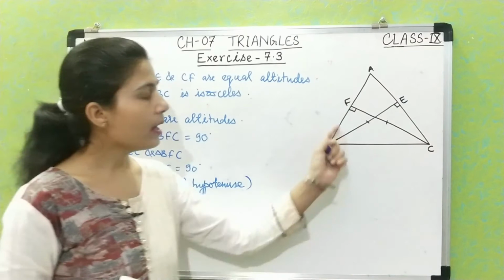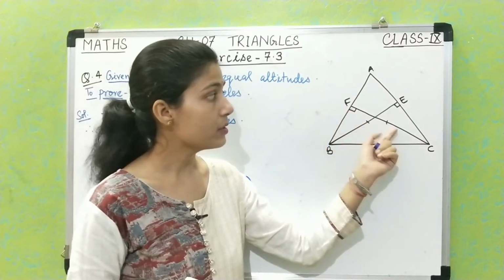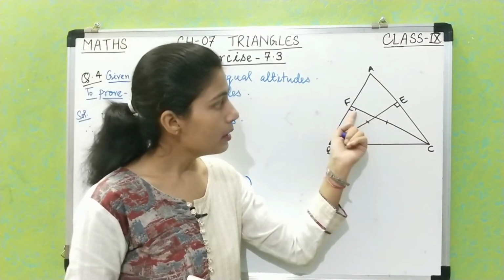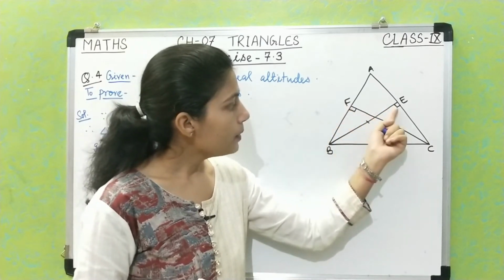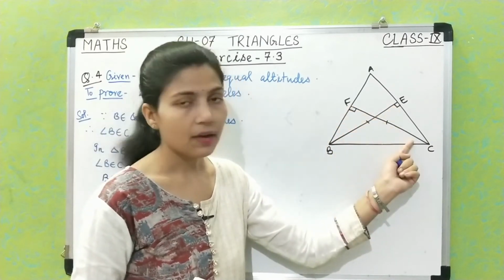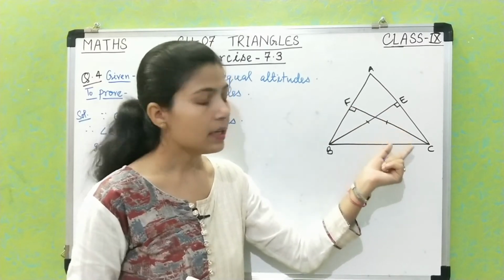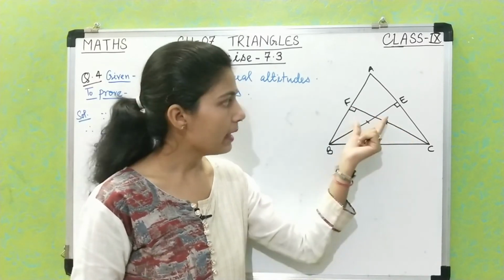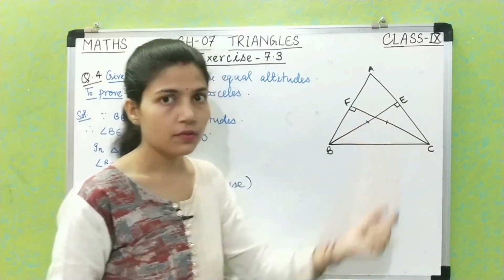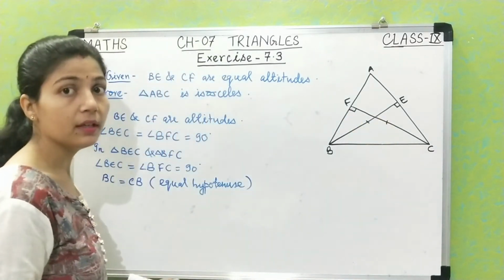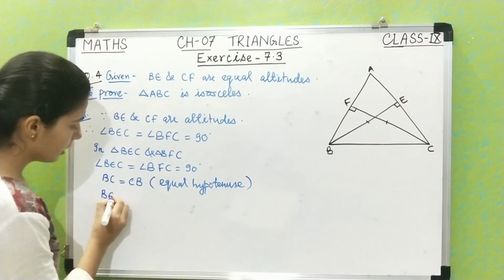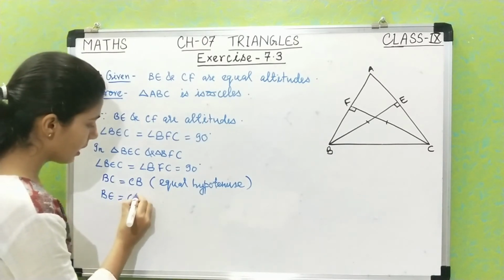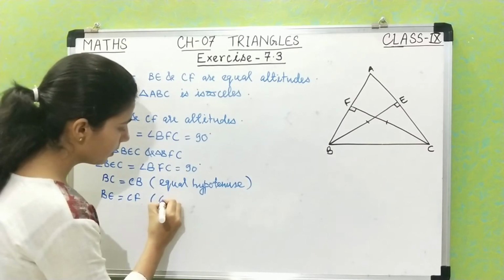Now see, you have given altitudes which are the sides of this right angle. Okay, those are also equal. BE is equal to CF. BE and CF are nothing but the equal altitudes for these triangles, and also they are making its sides. So we can write BE equals CF. This we have given.